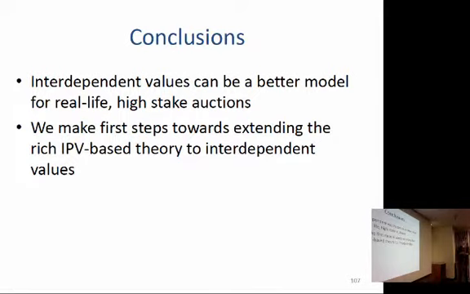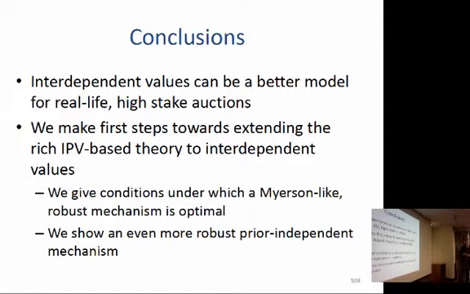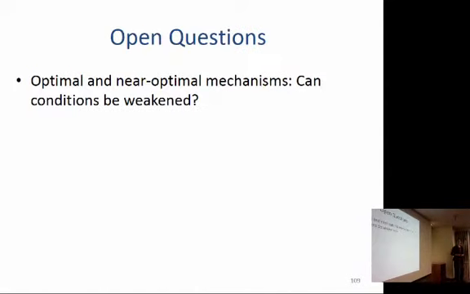This work makes first steps toward extending the rich theory that we have, which is IPV-based, towards interdependent values. In particular, we gave conditions under which a Myerson-like mechanism, robust in the sense that it's ex post IC and IR, exists. And then we strengthened the robustness, and we showed that even after strengthening, you can get prior independent mechanisms in some settings.